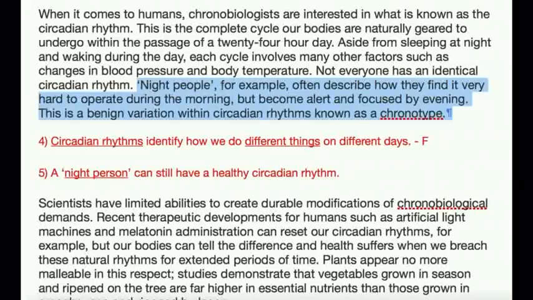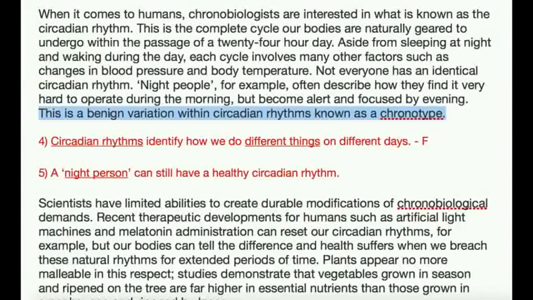Now, it could be tempting to put not given, because that tells us about a morning person or an evening person, somebody who can work better in the evening or in the morning, but that doesn't tell us whether they have a healthy circadian rhythm or not. So it could be tempting to put not given. However, if we look a bit further, this is a benign variation within circadian rhythms known as a chronotype.